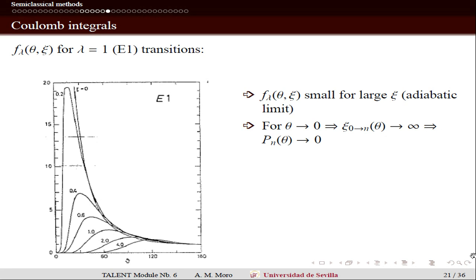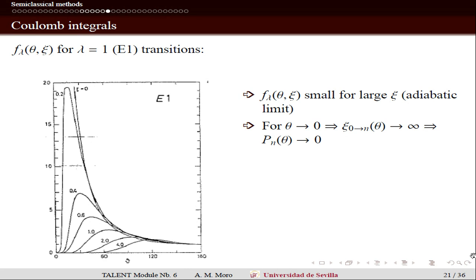So for example, imagine that we fix the incident energy, the velocity, so the adiabaticity parameter can be changed by increasing the excitation energy. This is telling us that if we increase the excitation energy, the excitation probability will become smaller and smaller.